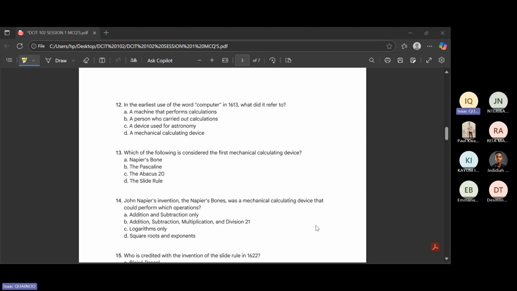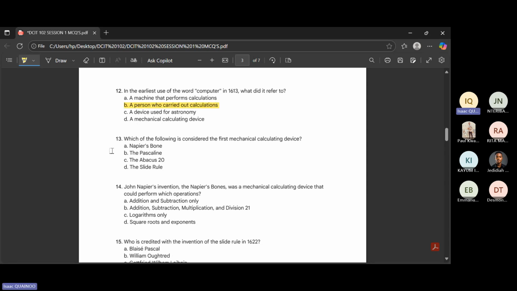A person who carries out calculations was what a computer was called. At that time, the whole concept of machines or devices performing computing processes was not yet in existence. So it was a human being who carried out those calculations.